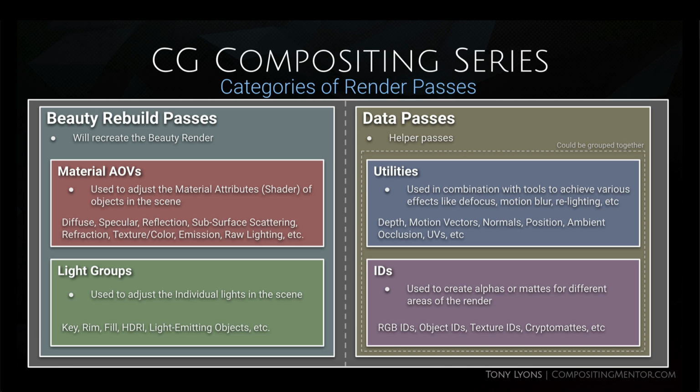Then we will start to cover the data passes and show how to use the different passes to help us do defocus, motion blur, relighting, and how to use cryptomattes and our ID passes to isolate different parts of our render. I think I'll divide it up into these two sections, and then we'll do a deep dive on each one.